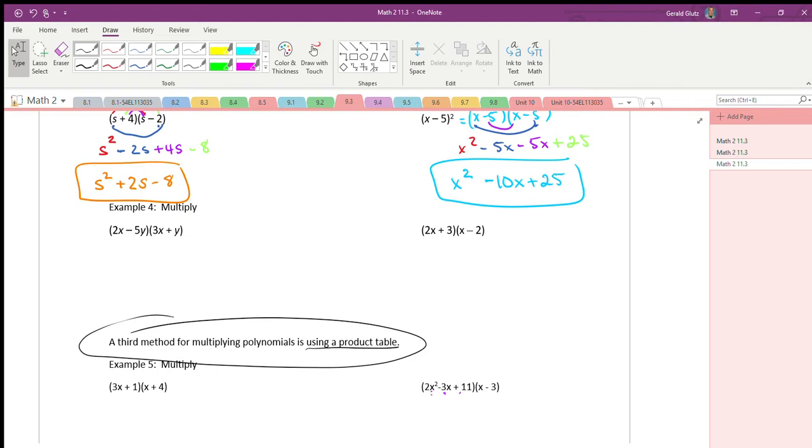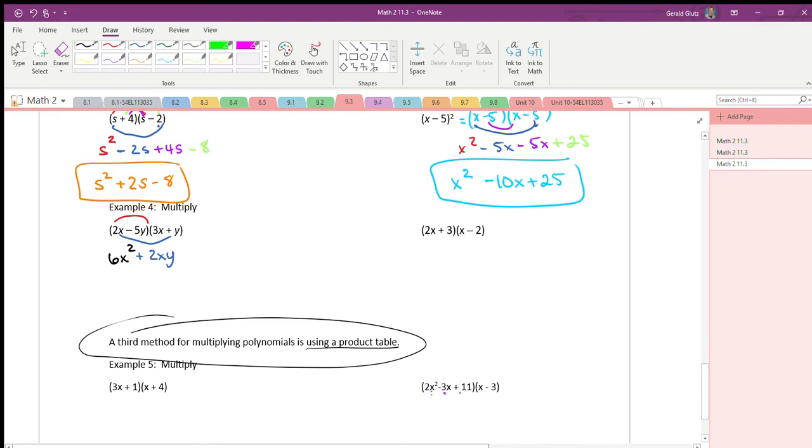So example 4. So first thing we're going to do is first, so 2x times 3x is 6x squared. Then we do the outside. So 2x times y. That's just 2xy. Then we do the inside.